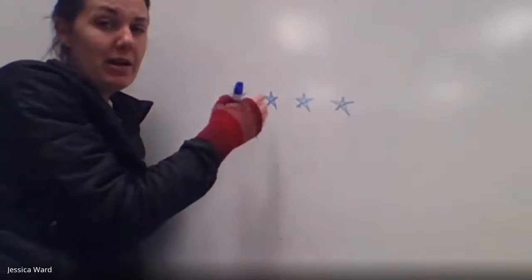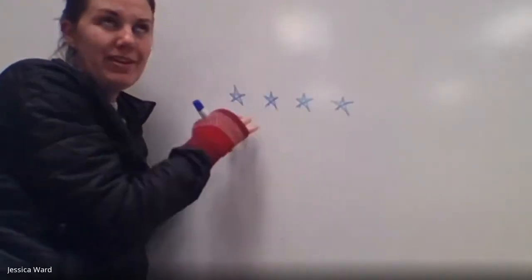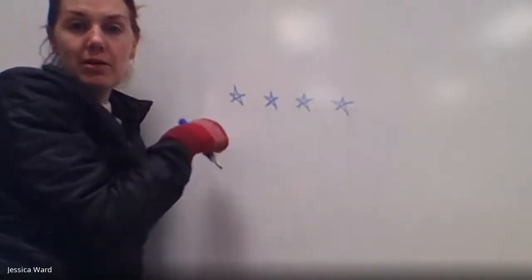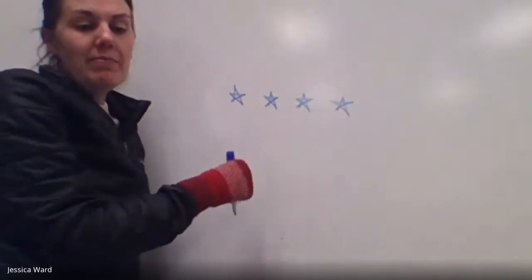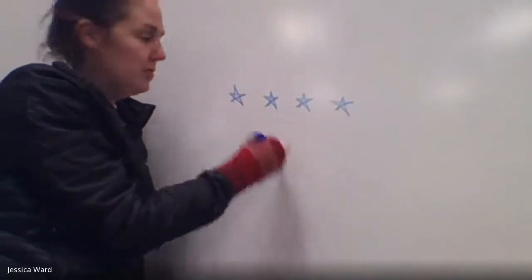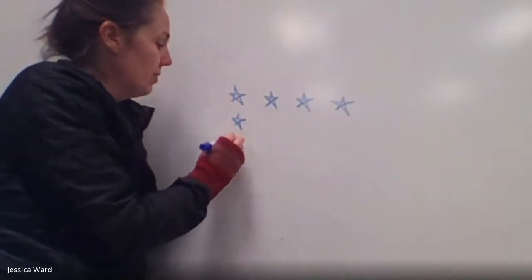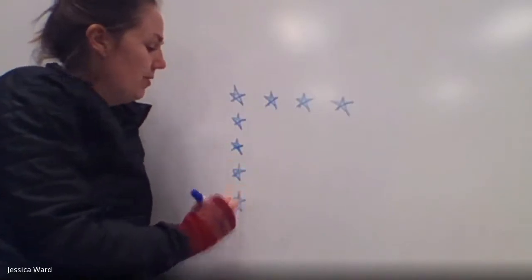And I'm going to create kind of like a grid for my stars. So I have 4, and I'm going to then make 5 going down each column. So I'm going to do 1. 1 is already there. 2, 3, 4, 5.